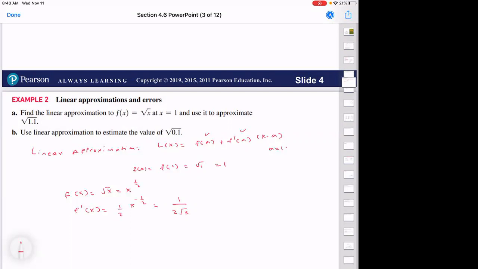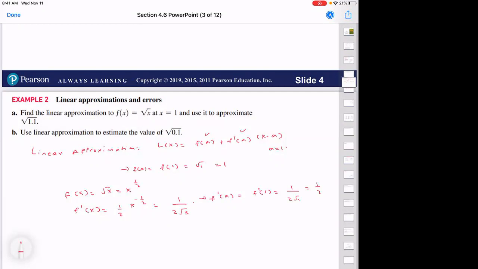Are you okay with that? So f prime at a, that is f prime at 1, which is 1 over 2 times the square root of 1, which is 1/2.